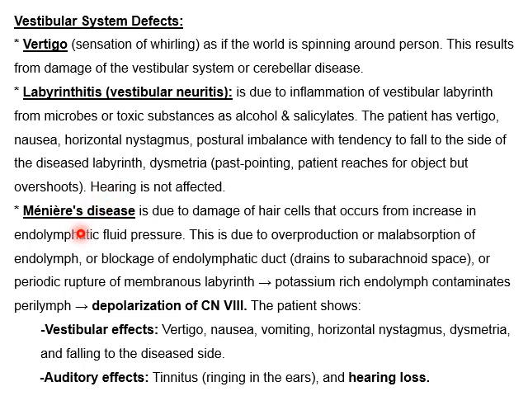In case of Meniere's disease that I mentioned before, the disease is due to damage of the hair cells due to increase in the endolymphatic fluid pressure. As you already know, the hair cells are of several types. We have hair cells for hearing, for the auditory system.